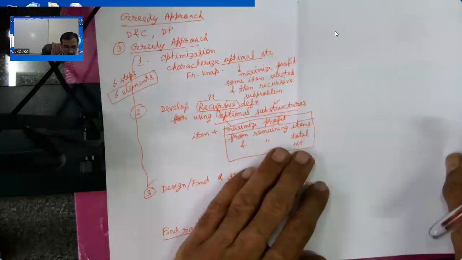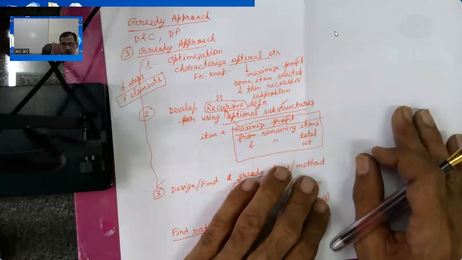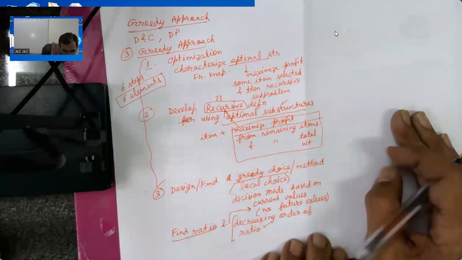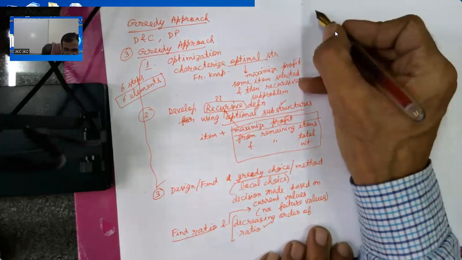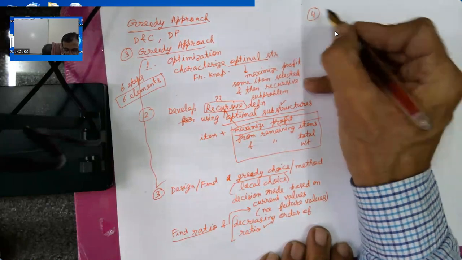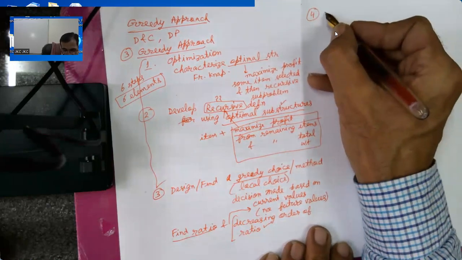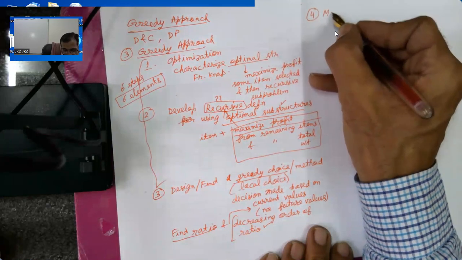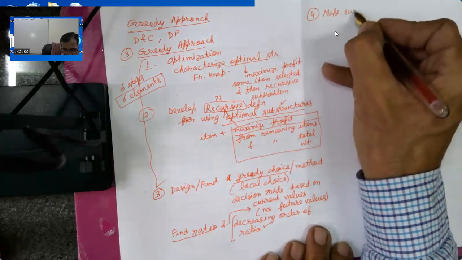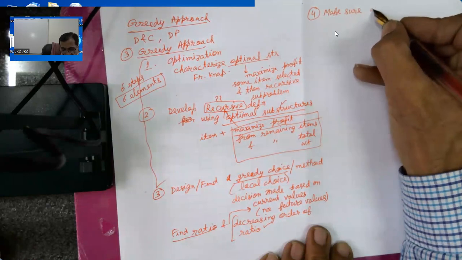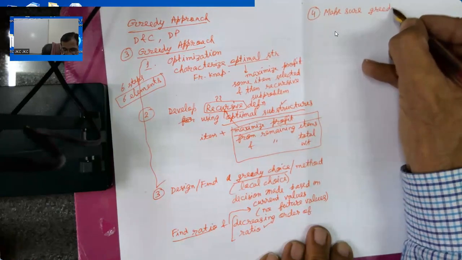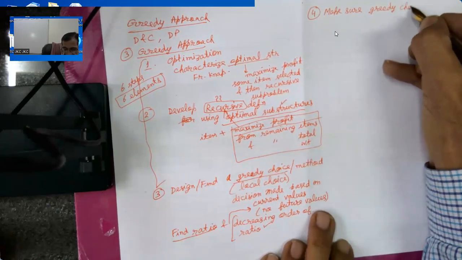If I do like this, I can directly go towards solving it. I'll just keep this page parallelly so that you can look at this side written also. Once I know this, the fourth step is most important: make sure or guarantee that the greedy choice which you made is really best or not.